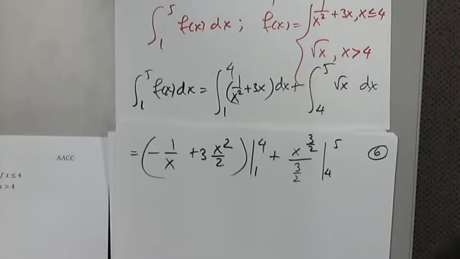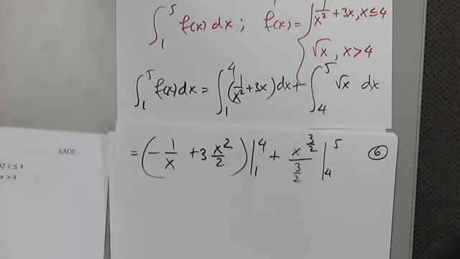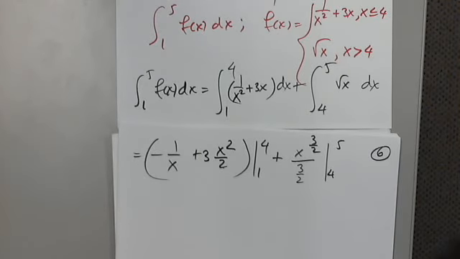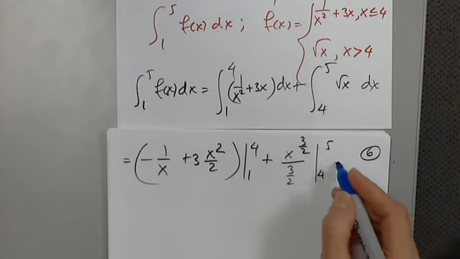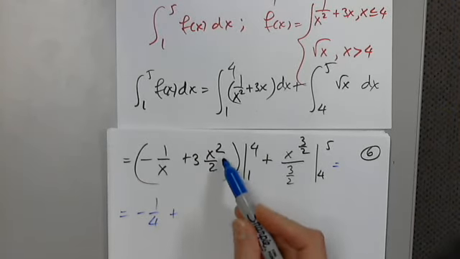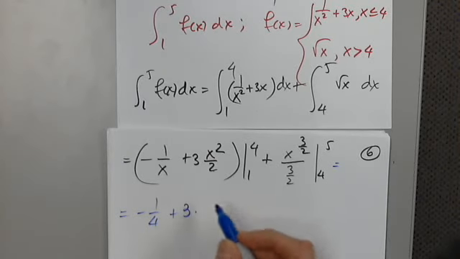Do we want to fill in, or can we do that later so we can continue? Can I just write it and then you calculate the numbers later? So first we have to plug in 4, correct? Because I just want to make sure that we complete this. So negative 1 over 4 plus 3 times 4 squared over 2, so 3 multiplied by 8.